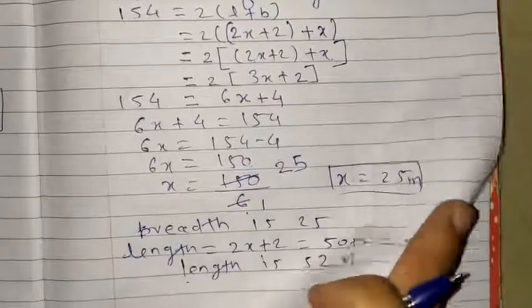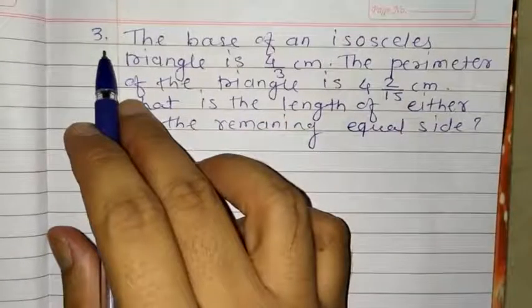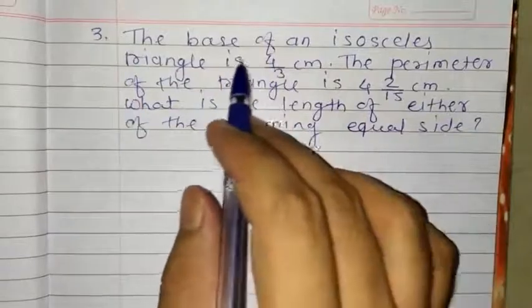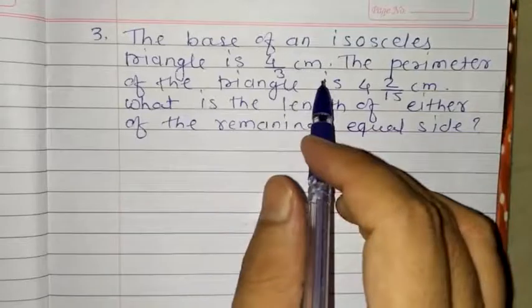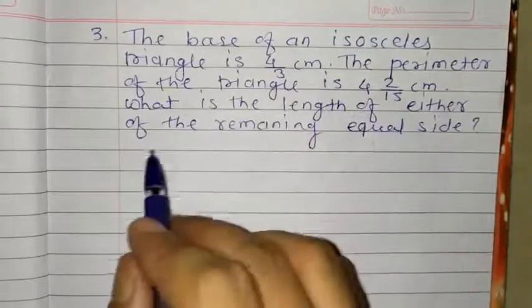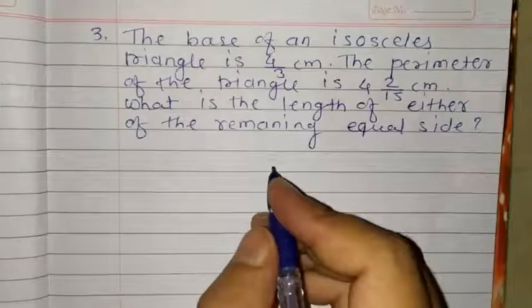So next question. Here the next question is question number 3. The given information you have to read carefully. The base of an isosceles triangle is 4/3 centimeter. They have given the perimeter, and what is the length of either of the remaining equal sides?